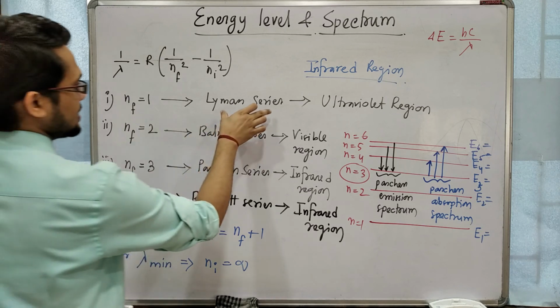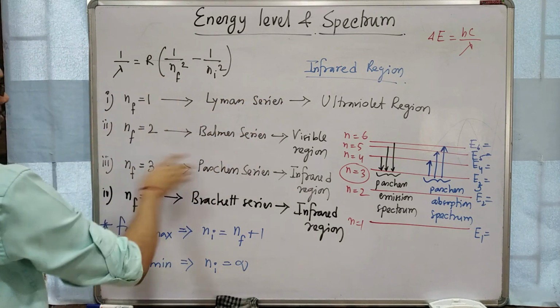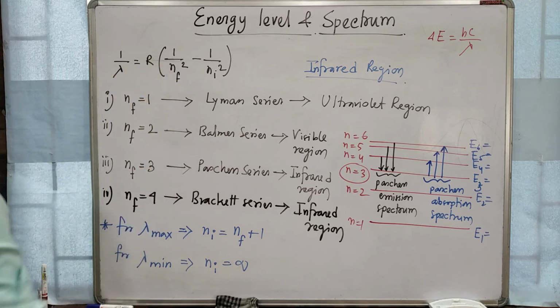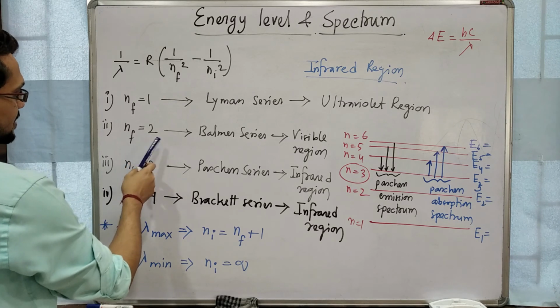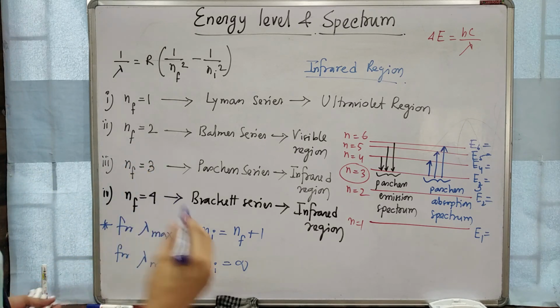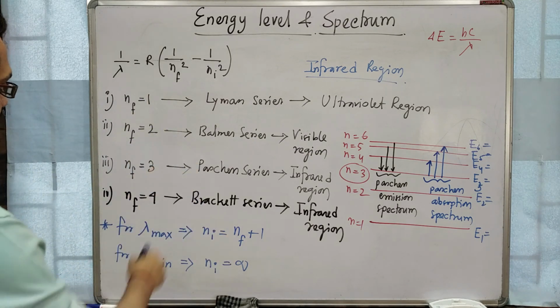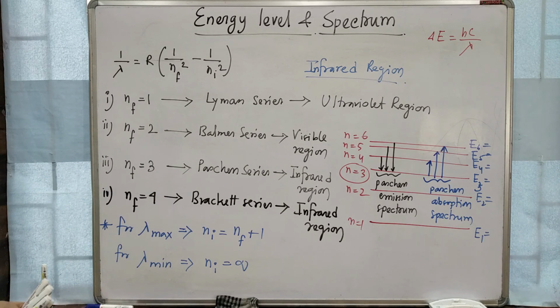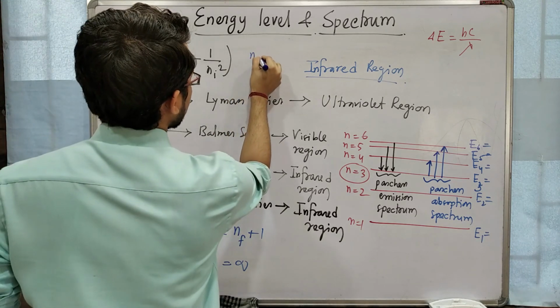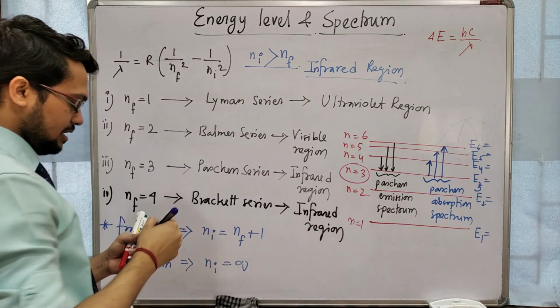When you are writing the wavelength equation, for the Lyman series put nf equal to 1, and for the Balmer series put nf equal to 2. For Balmer, ni will be 3, 4, 5, 6, 7. For Lyman, ni will be 2, 3, 4, 5, 6. For Paschen, ni will be 4, 5, 6, 7, 8. ni is always greater than nf, not less, not equal.